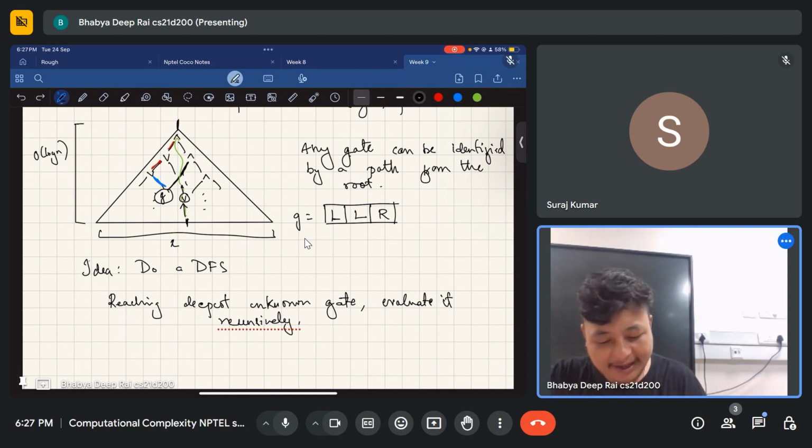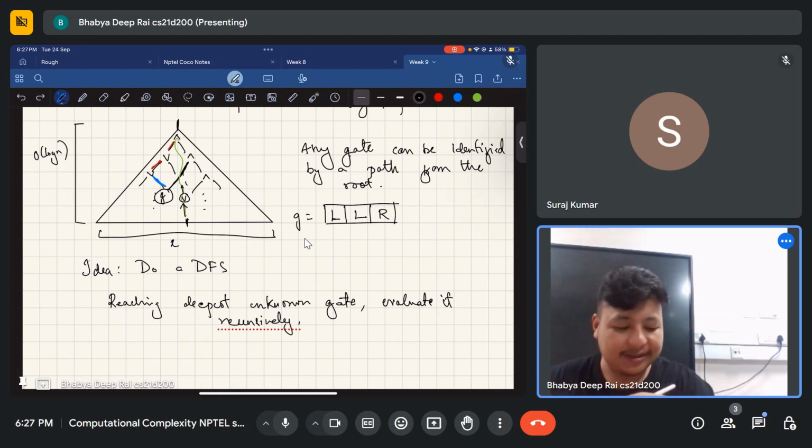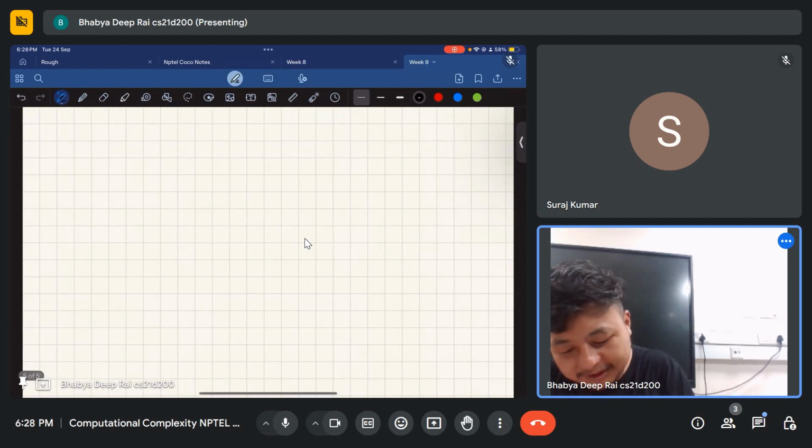So every time I need the value of a gate, I do this entire business once again. That is what I mean by doing it recursively. But what we notice is every time I just need to remember this path of left, right, and so on, which can be remembered by zeros and ones, 0, 0, 1, and so on. And what is the maximum length of a path?